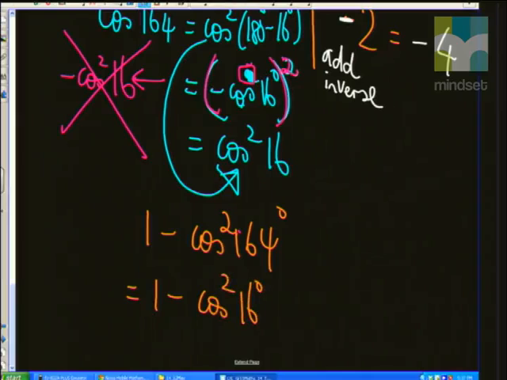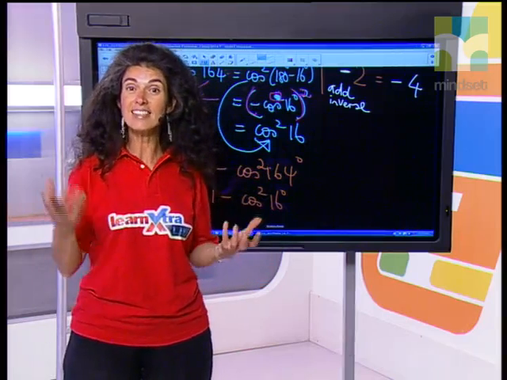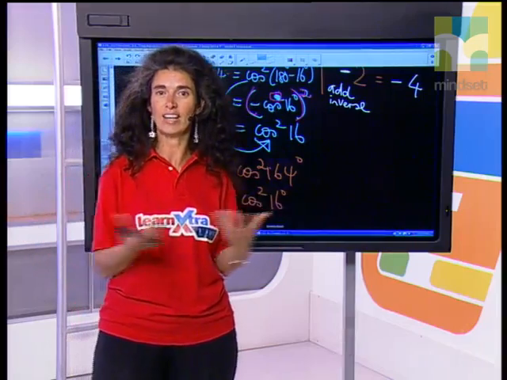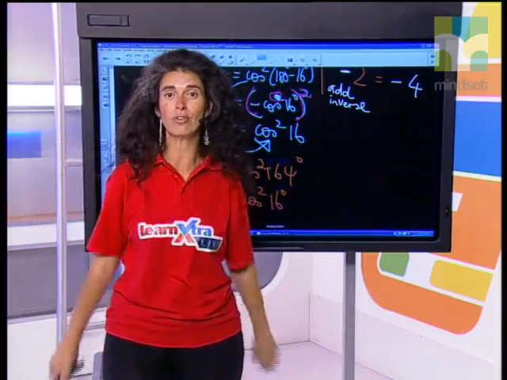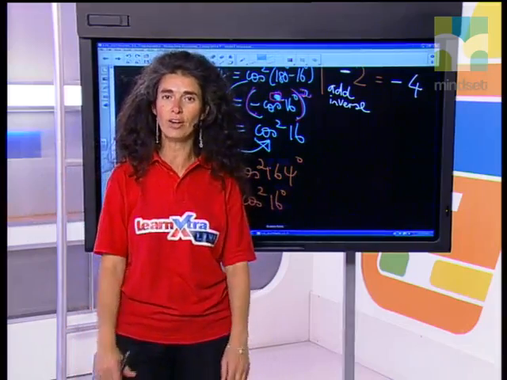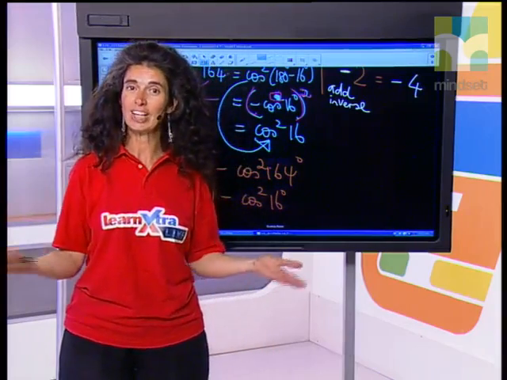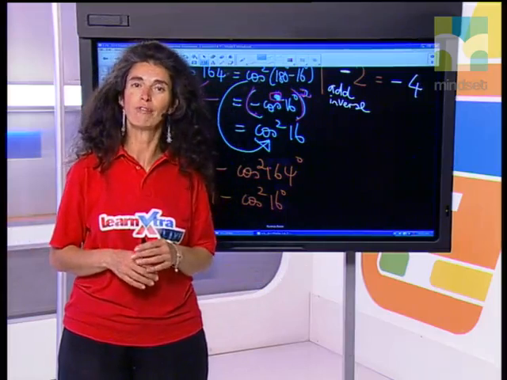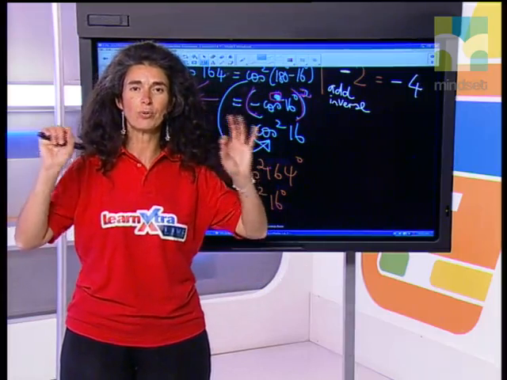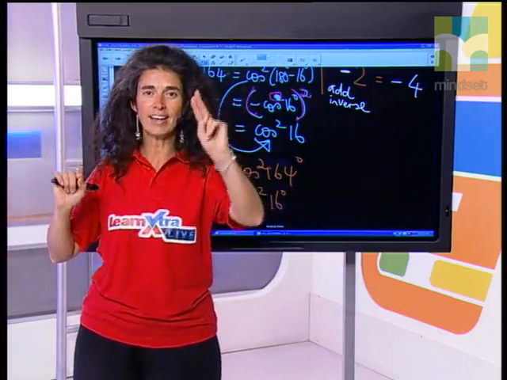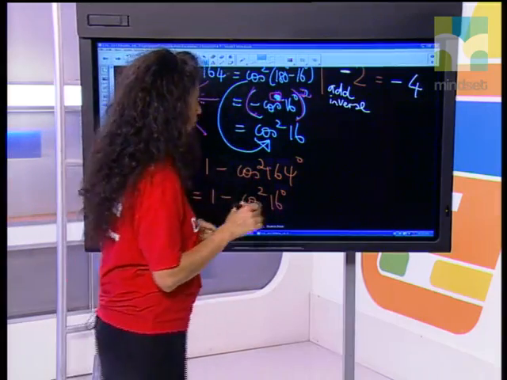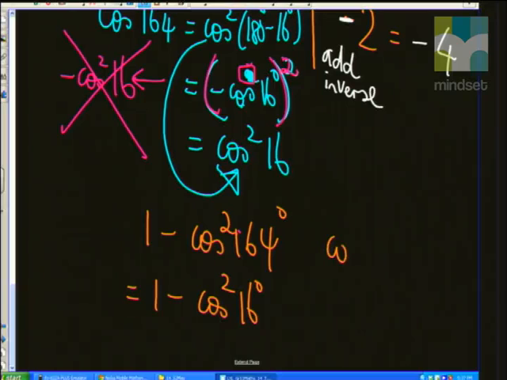So how on earth do we connect sine 16 and cos 16? What is that connection? Anyone know? Some of you may have done it in class, some of you may not, but there is a connection between sine of an angle and cos of the same angle, and it's via the squares. We will do a bit more of that next week.